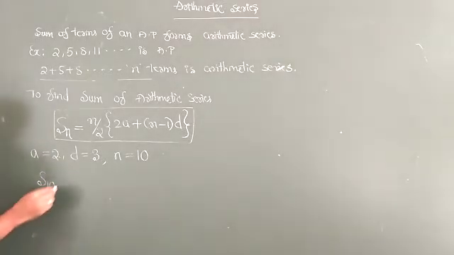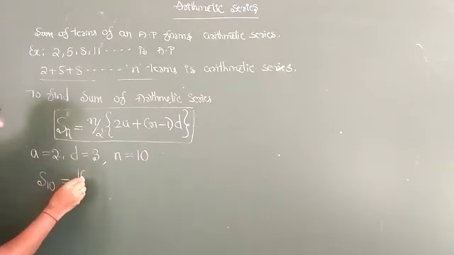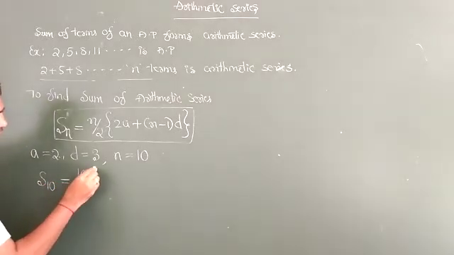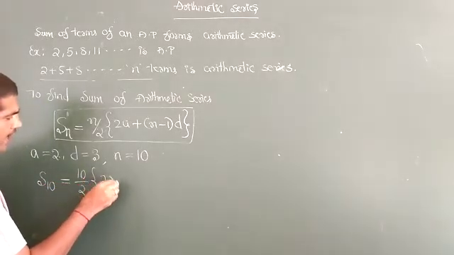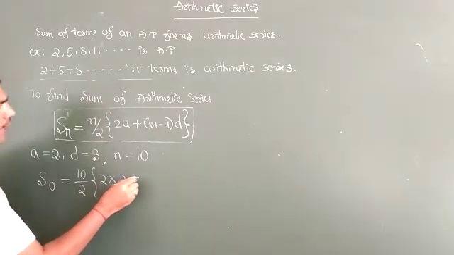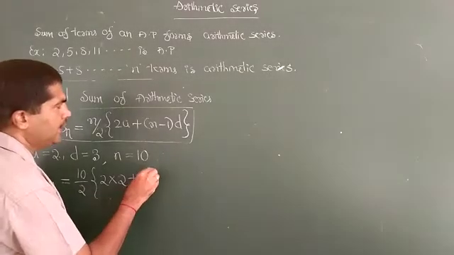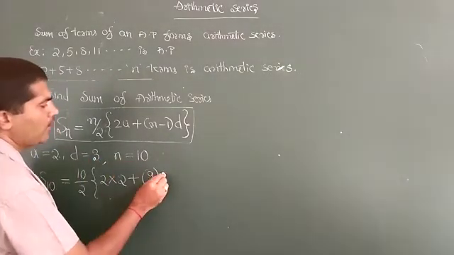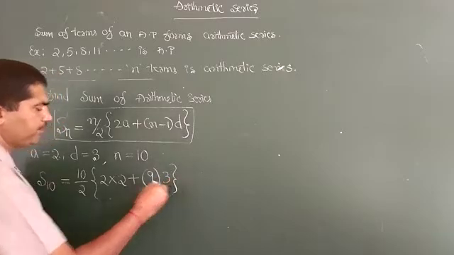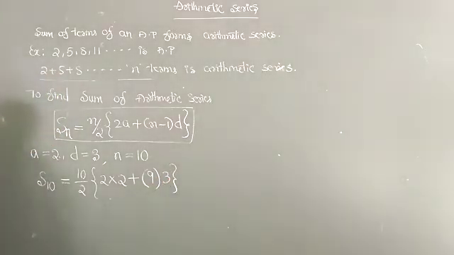It is equal to, in the place of n, we will put 10. 10 by 2 into 2 into a is 2, plus n minus 1, n is 10, so n minus 1 has become 9, into d, the common difference, that is 3. So what have I got now?